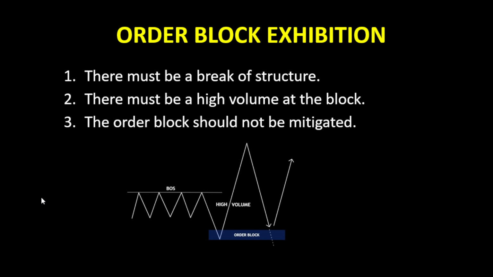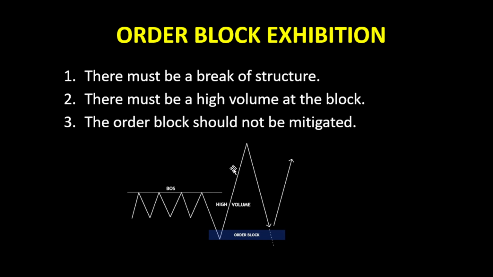There are three conditions basically for an order block to be valid. Otherwise, it is invalid or a trap by the institutions. You should be aware of it. You should take care of it. It should break out the structure, right? As you can see in this short illustration, there is a break of structure spotted here.